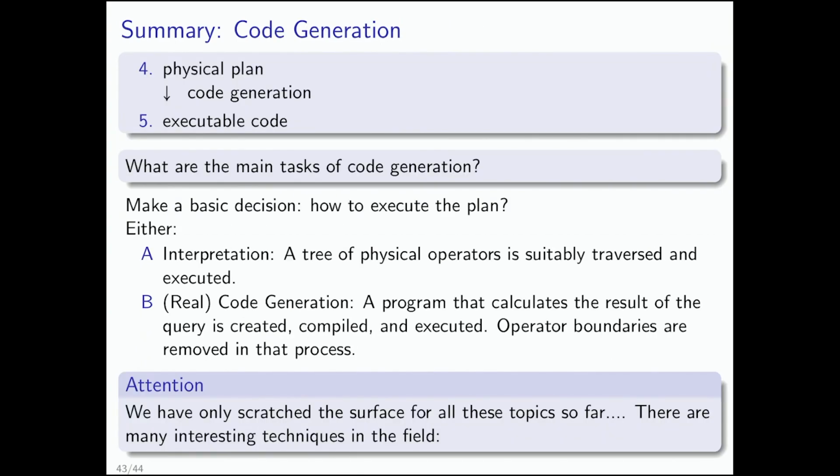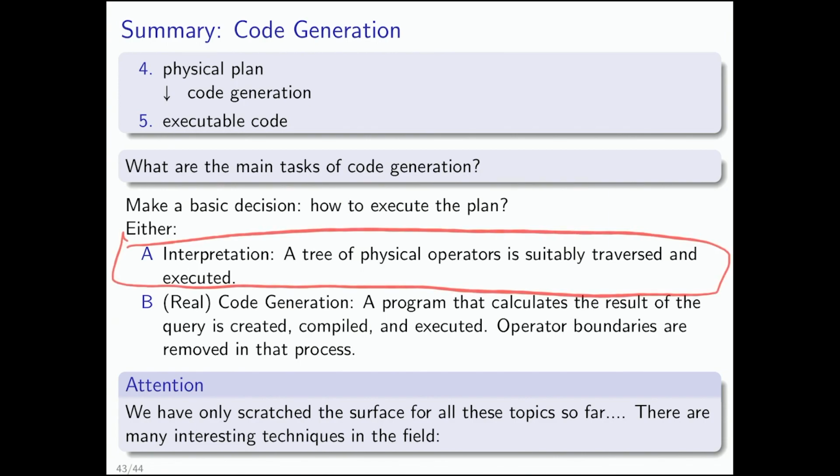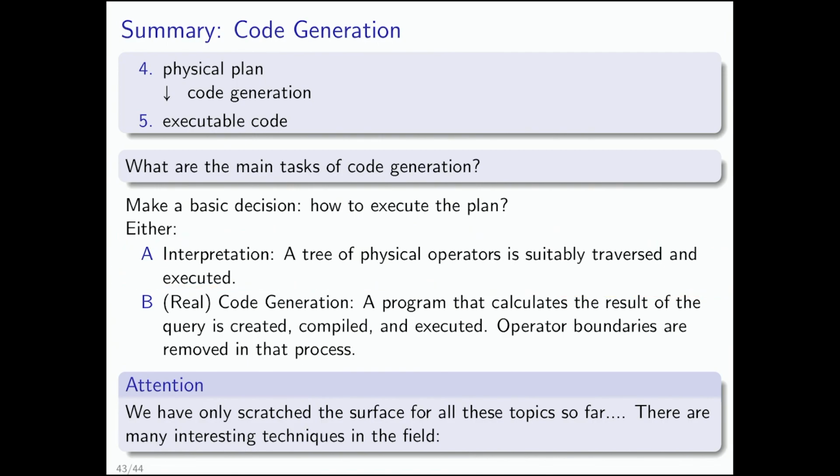And then there's this divide whether you do code generation or not. So you can interpret the stuff. That's one way of doing that. And plan interpretation was actually pretty popular in databases that operate on disks. So a system like Postgres was initially designed for working on hard disks. And there the main cost was accessing the disk.